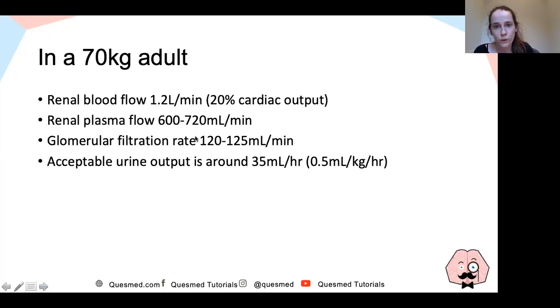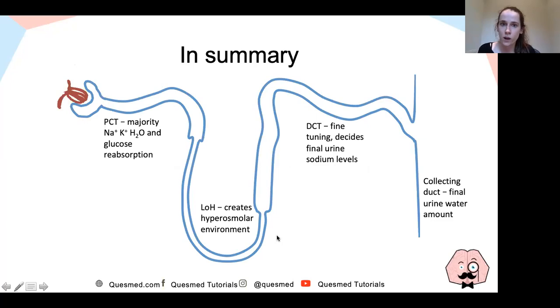We're talking about over 6,000 mils per hour of glomerular filtration rate versus around 35 mils per hour of urine output. So the vast majority of that is reabsorbed back via these nephrons. Okay. So that is our final question.